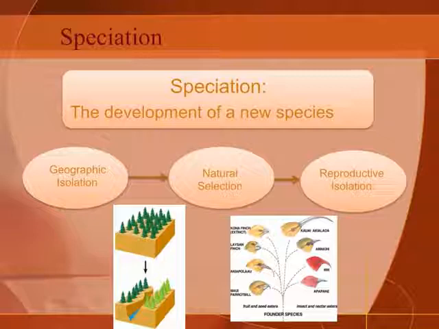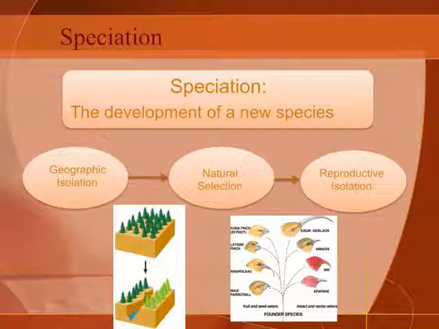It begins with geographic isolation, meaning that a population that was once living together and interacting and breeding together, some of the individuals are separated from the others. In the picture, you can see a canyon that has formed, separating the population of pine trees.